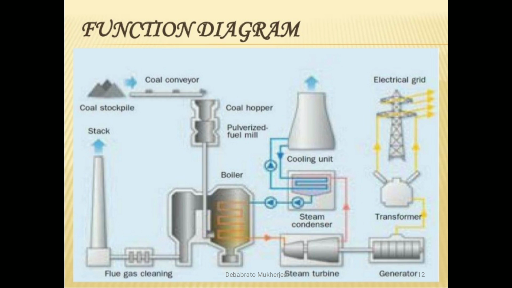Then there is a tube, which is the superheater tube, which makes the steam superheated, moistureless. High pressure steam is fed to the turbine. The turbine is coupled to the generator.